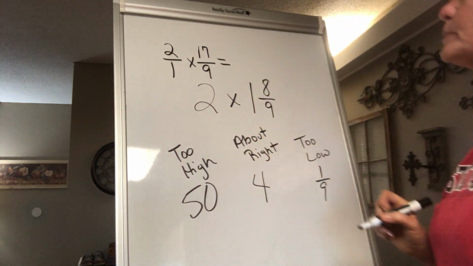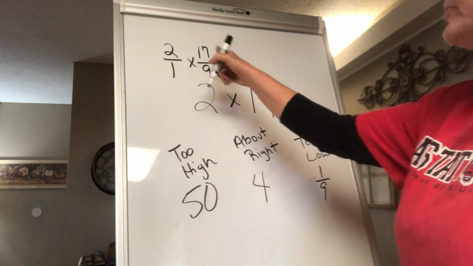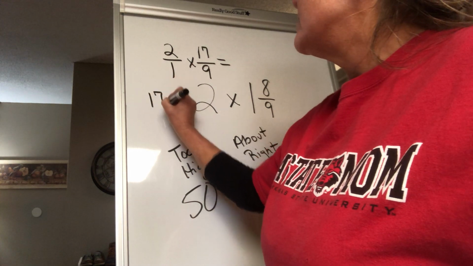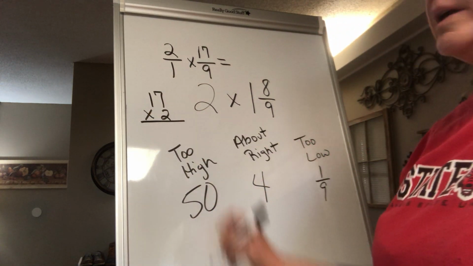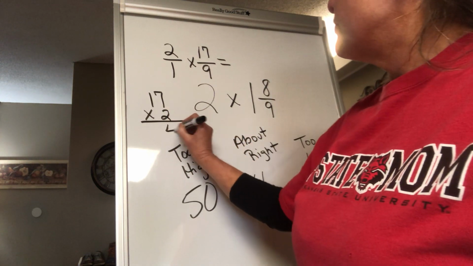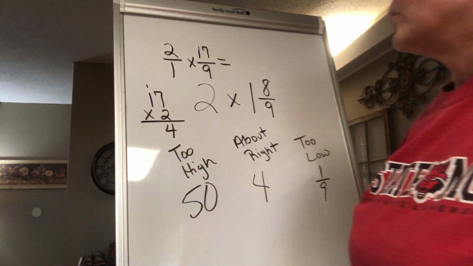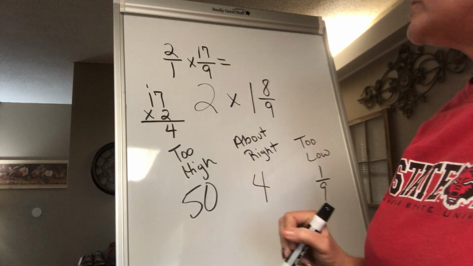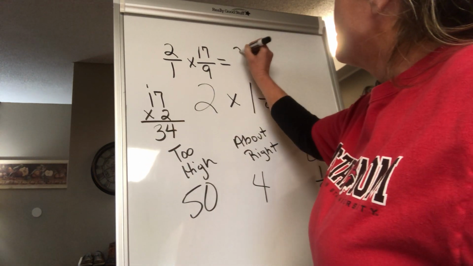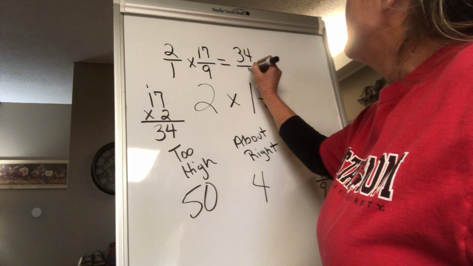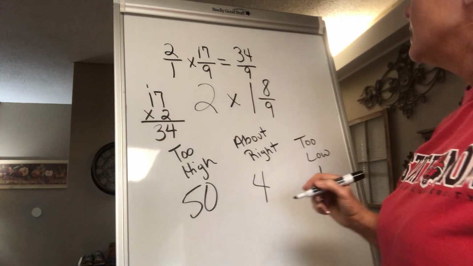And then I multiply straight across. And if you're not sure, go to the side and do the math. 17 times 2. 2 times 7 is 14. Carry my 1. 2 times 1 is 2. Plus 1 is 3. So I have 34 ninths.